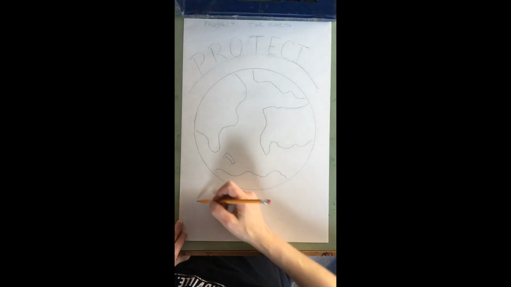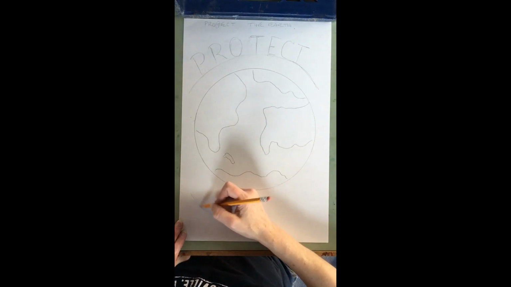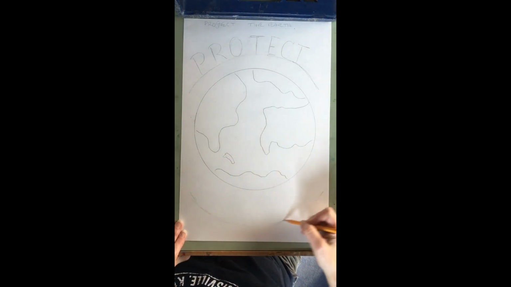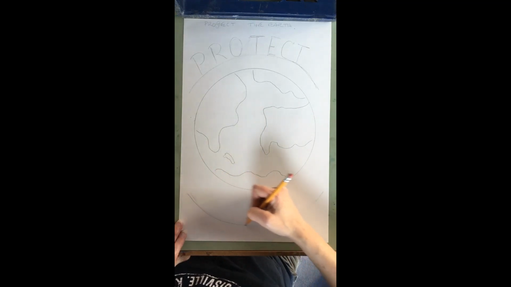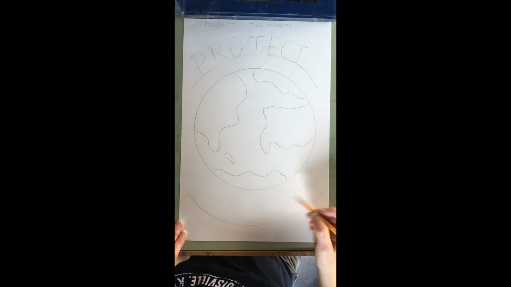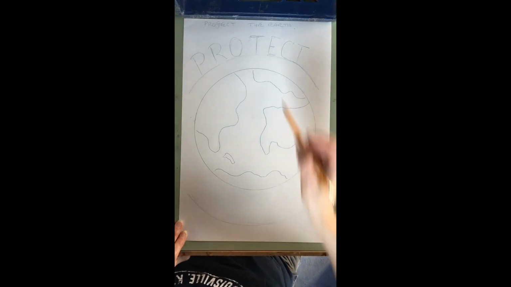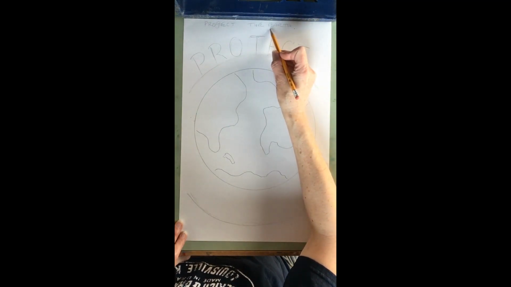Okay, on the bottom we're going to do the same, but my guideline is going to be a little bit further away from my circle, and that is going to have my words that I want on the bottom. I think I'm going to actually just put the word earth on the bottom.